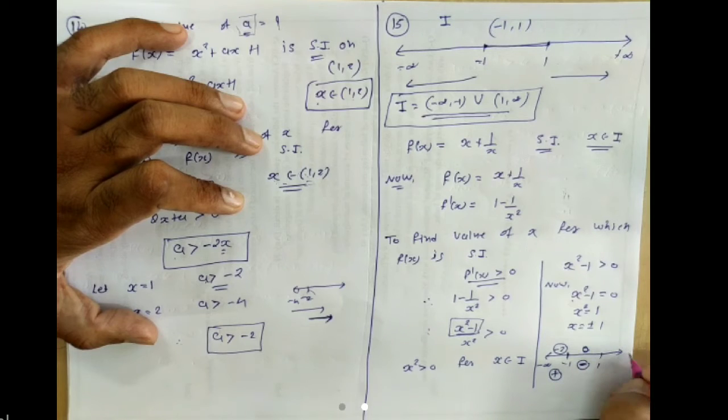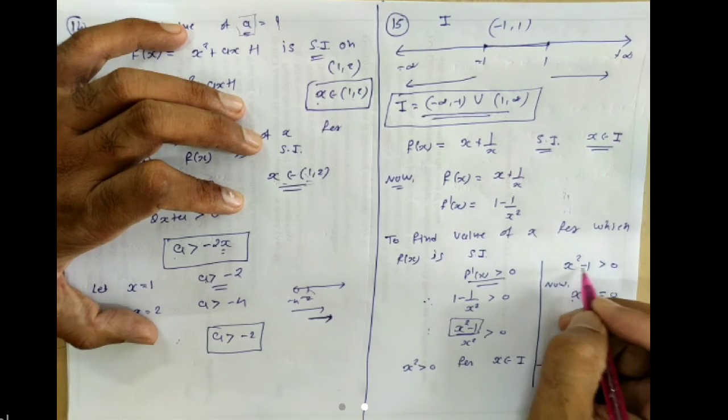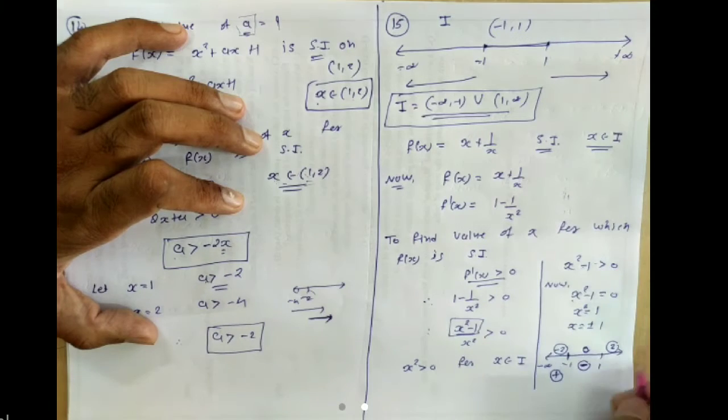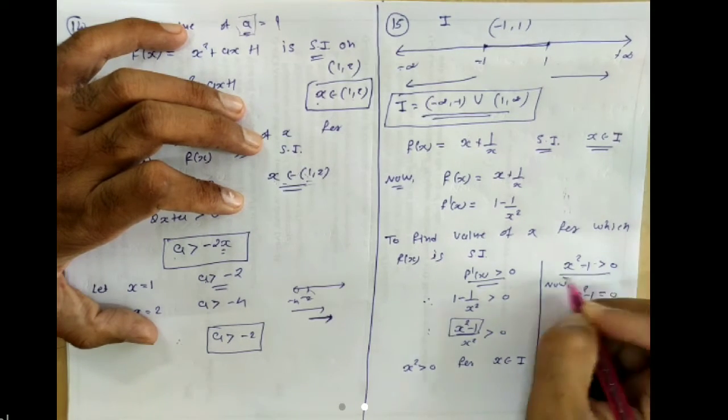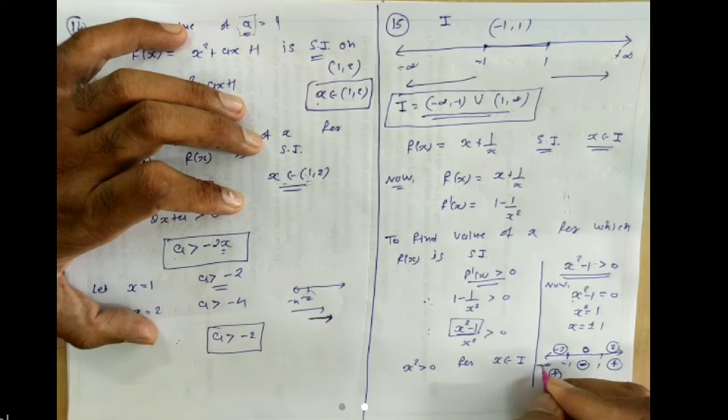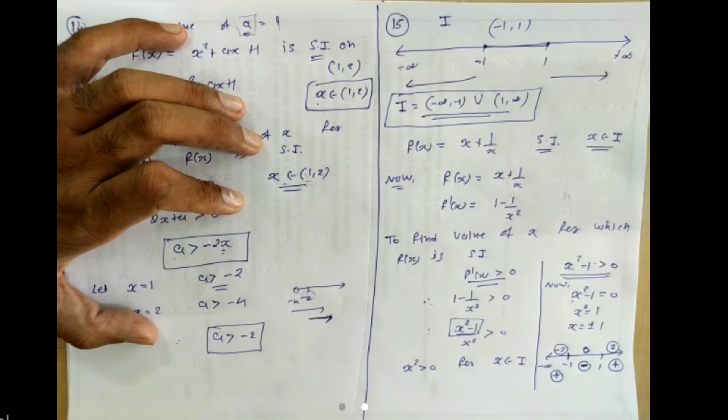Put one point over here, 1 to infinity. Suppose we take 2, so it is 2 square, 4 minus 1, 3, 3 greater than 0, so the inequality is true, so the function is positive over here. Done. So the function is greater than 0 for which interval? Minus infinity to minus 1 and 1 to infinity.